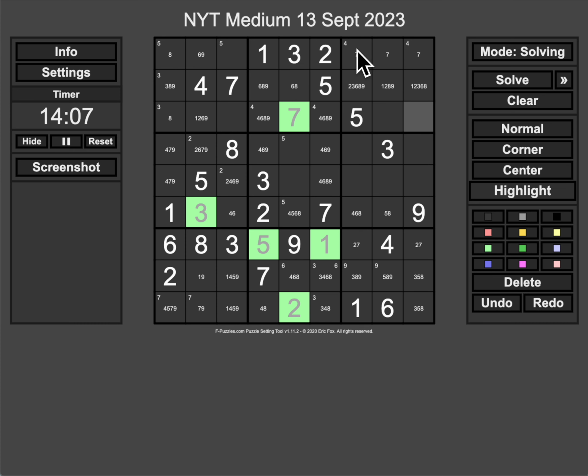Annoyingly, this could still be 3. None of these can, but these could be a 3. This one can't be a 3, but this one still could be. Grumble, grumble, grumble.